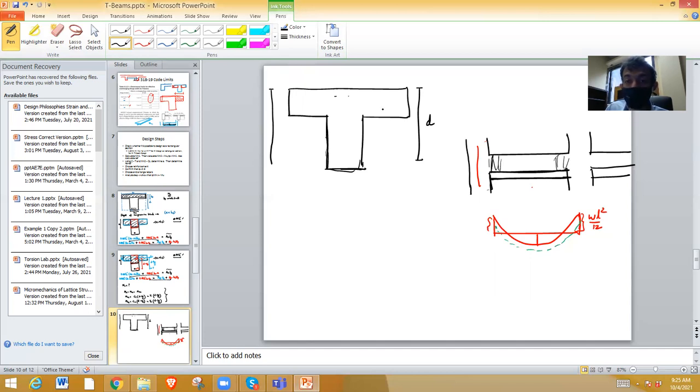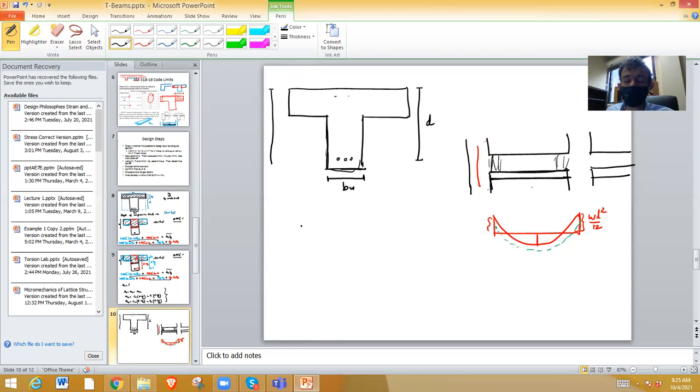So this effective depth is already known, and the web width is also already known. So usually in the design problem, the only thing we are left to do is find how much steel is needed. Okay. How do we do that?